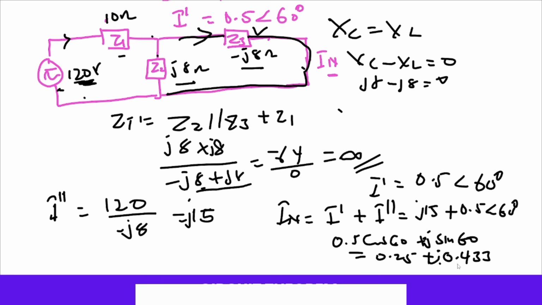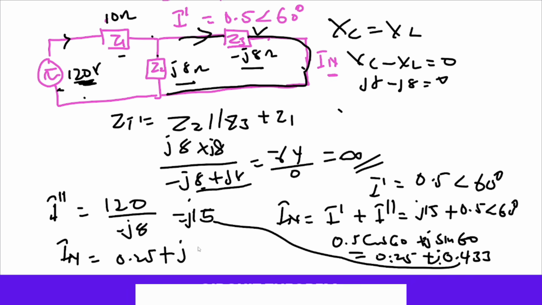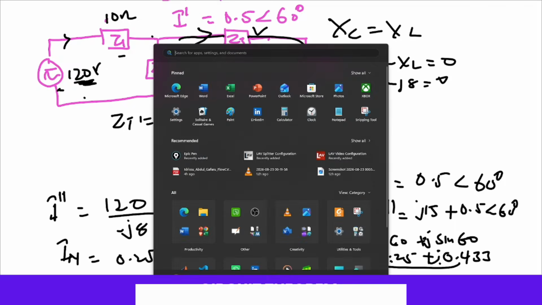Okay, so you can see that we add the imaginary parts together and then we add the real parts together. The real part is just 0.25. So we can say that the Norton's equivalent is equal to 0.25 plus J(15 plus 0.433), and that will give us 15.433. Okay, so let's convert this one into angle form and see.